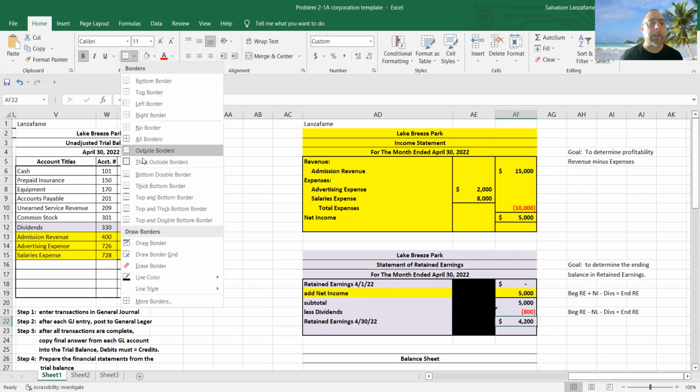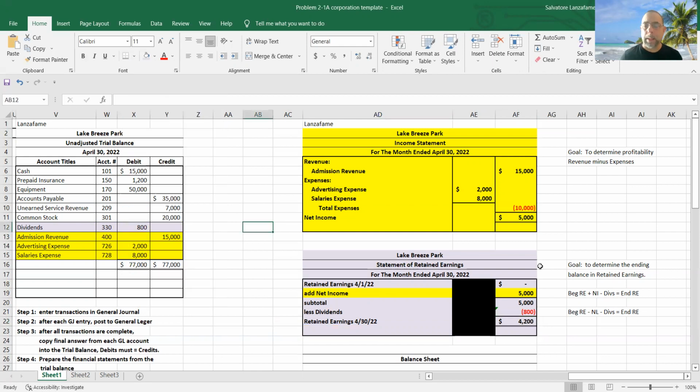Let's give it some double underlining. And that is what we call a retained earnings statement. If we were to do the next month's, May, retained earnings, this 4,200 will appear in this spot. So your ending retained earnings from one month becomes the beginning retained earnings for the new month.